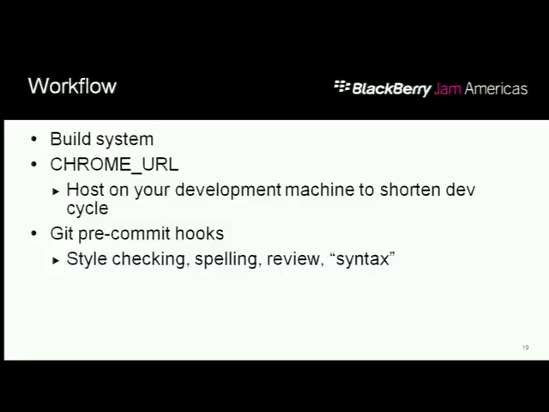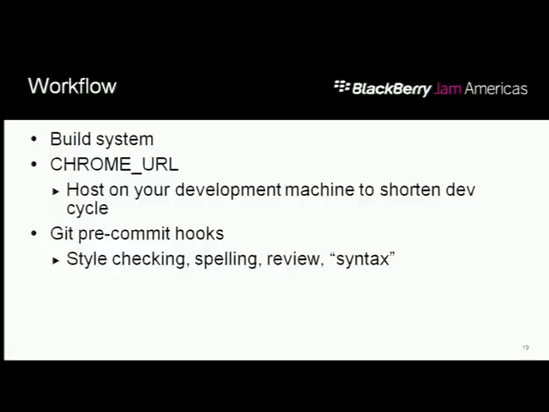We have this Chrome URL environment variable. So we talked about the web launcher that's part of Web Platform. The way that it decides where the first page is, it looks for this environment variable called Chrome URL. So a nice trick that you can do: normally the Chrome URL would point at an asset that was packaged up in your BAR file or in your application on the disk. But while you're developing, what we actually would do is point the Chrome URL back at your desktop or your laptop, run a web server there, and host the content on your desktop.